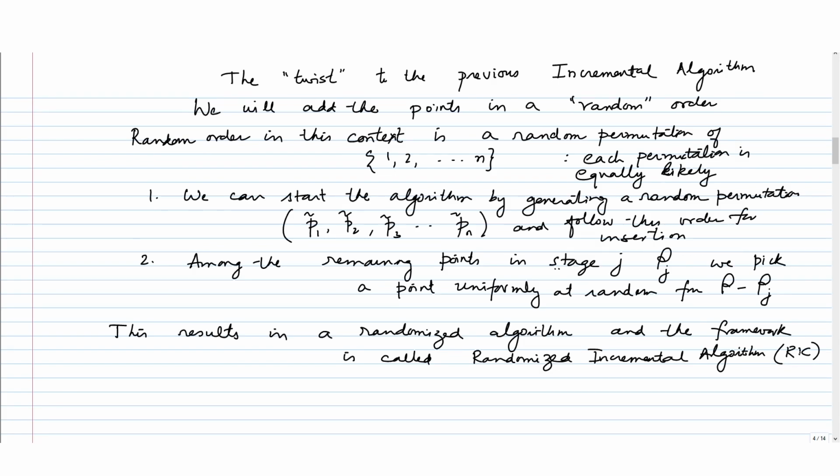Have you been introduced to this term RIC before? Yes. Okay. So, I am just getting down to probably more basics. This is how we define the framework of our randomized incremental construction. It is a very simple framework where you add the objects one after the other and inductively maintain some property, in this case the closest pair distance, and you update it. And the way of adding the next object is a randomized strategy.